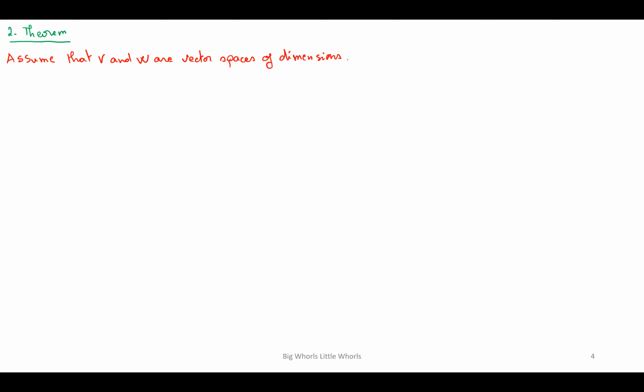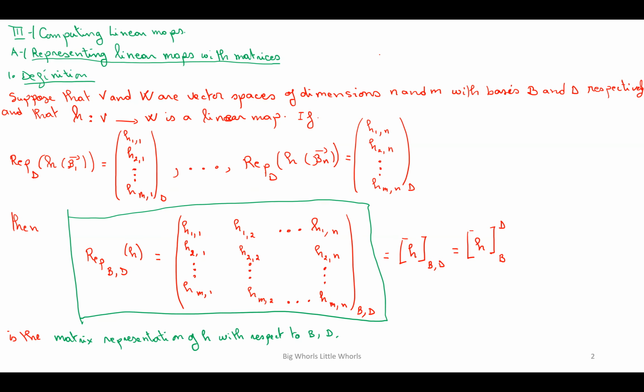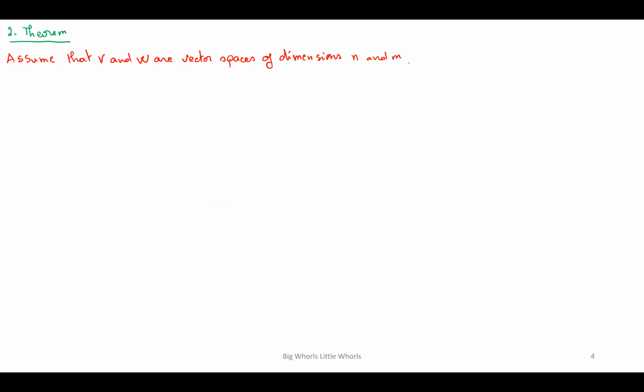Okay, dimensions N and M. Let me be sure. Okay, of dimension N and M, yeah, I got it right. Of the dimensions M and N with basis B and D, respectively, of course, okay?